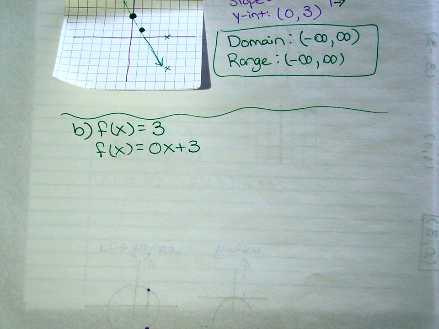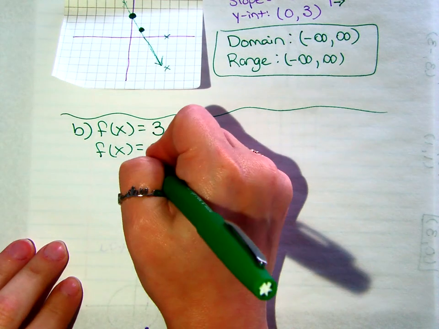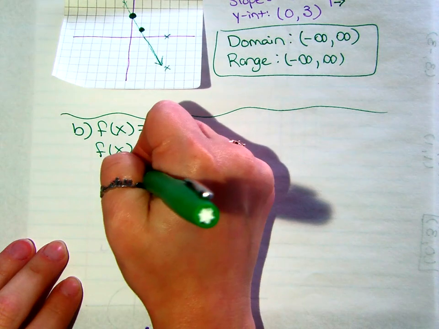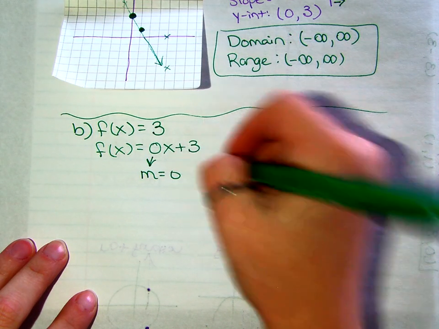So if you really want it to look like y equals mx plus b, you can absolutely do this. And hopefully it makes it really obvious what your slope is, because the slope is whatever number is in front of x. So in this case, the slope is 0, and your y-intercept is (0, 3).